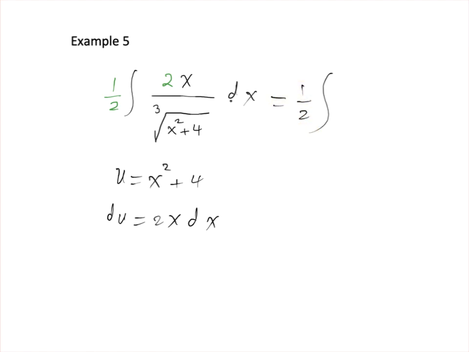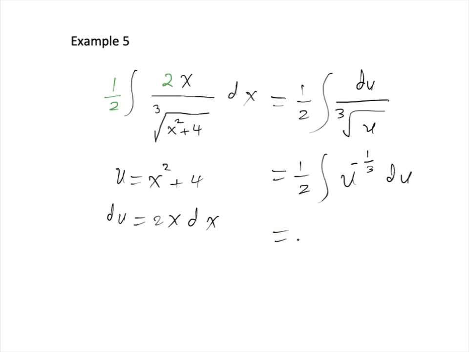Make the substitutions. 2x dx is just du divided by the cube root of x squared plus 4, which is u. And this I can write as a power. So I have 1/2 the integral of u to the power minus 1/3 du, and use the power rule.